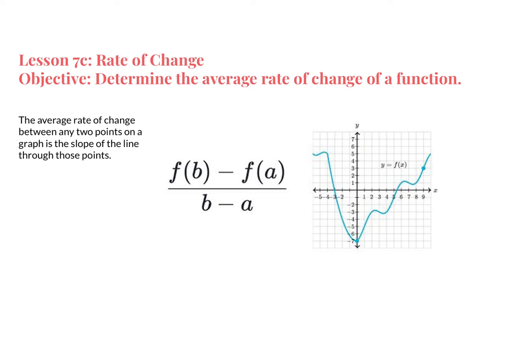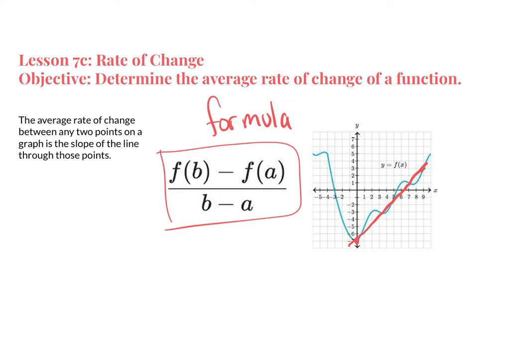However, when we're dealing with lots of weird functions and we want to find the rate of change from one point, let's say here to here, basically we need to utilize this formula to figure out what the straight line would be to get to that endpoint, taking into account the two points and the function that we're dealing with. So basically, this is a formula that we will need in order to calculate the average rate of change.